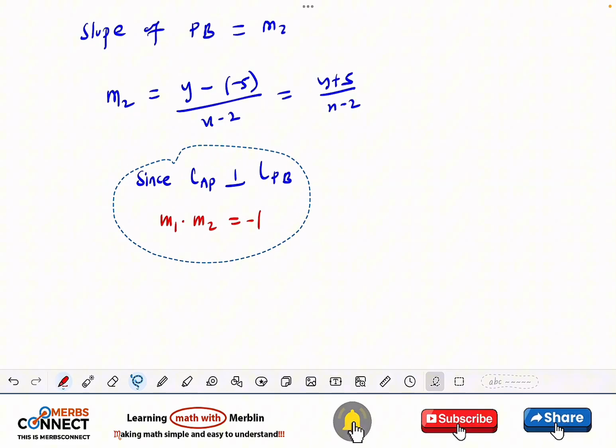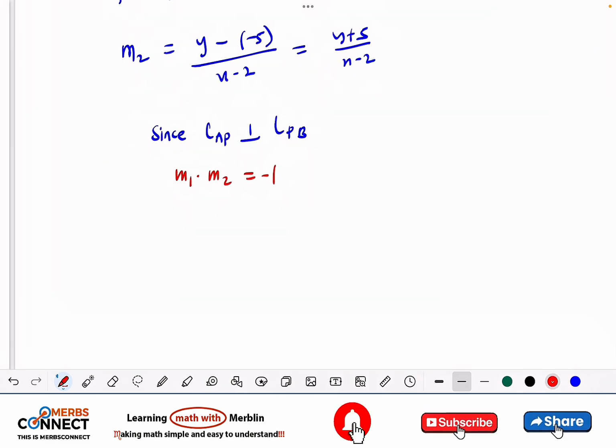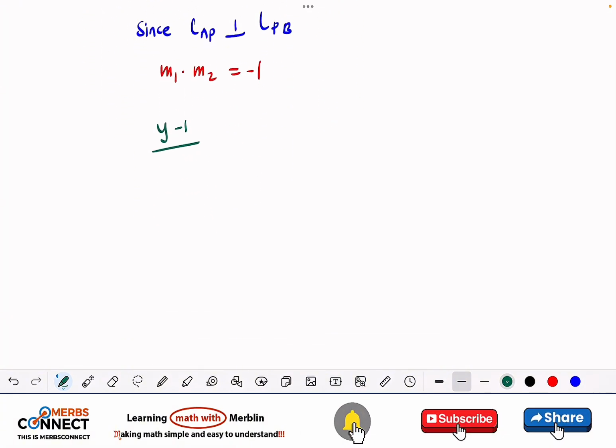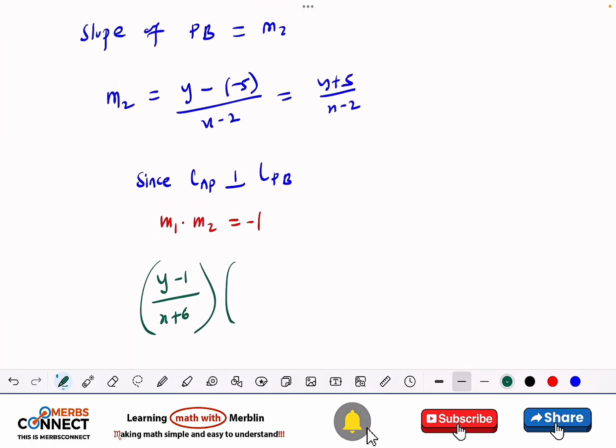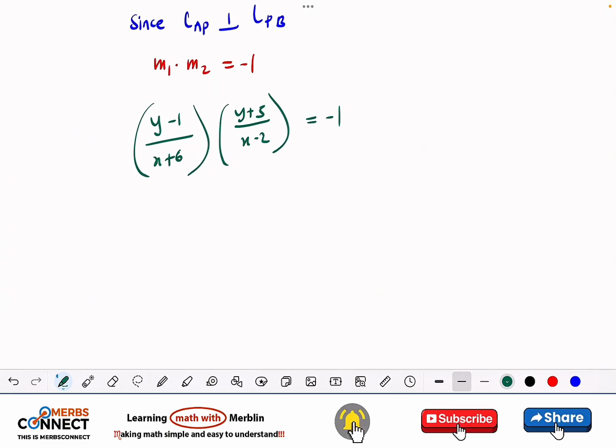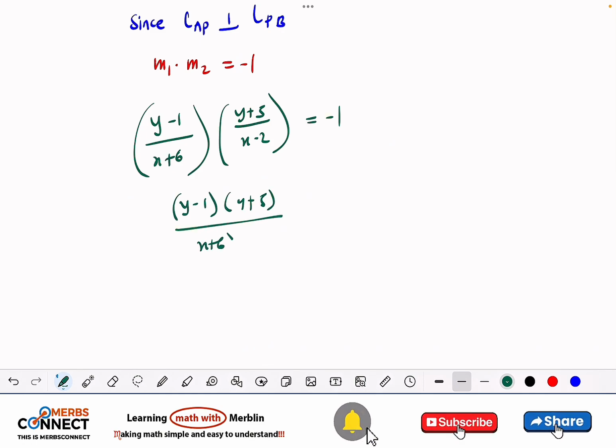So M1 was y minus 1 divided by x plus 6, all times y plus 5 divided by x minus 2, which is equal to -1. So this is y minus 1 times y plus 5, divided by x plus 6 times x minus 2, equal to -1. You just simplify it and then we are done.